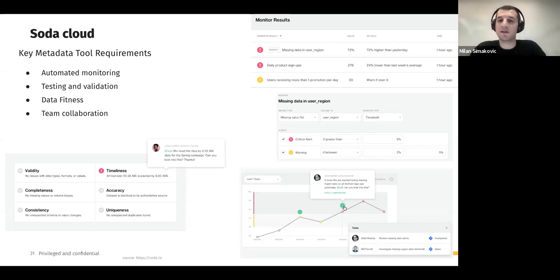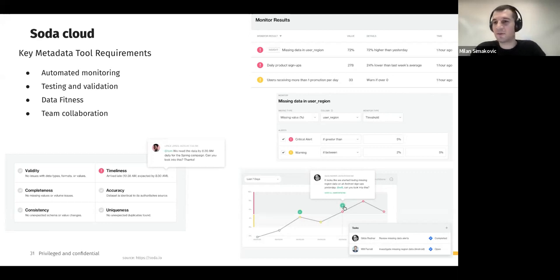One thing is automated monitoring. Based on the data that Soda Cloud receives, it can automatically detect some invalid situation and, let's say, send a notification or perform some other action on top. It has team collaboration and some other fancy features that come with the cloud itself.